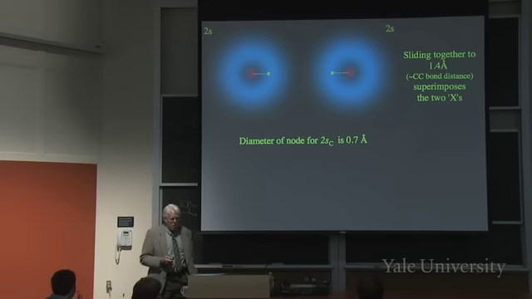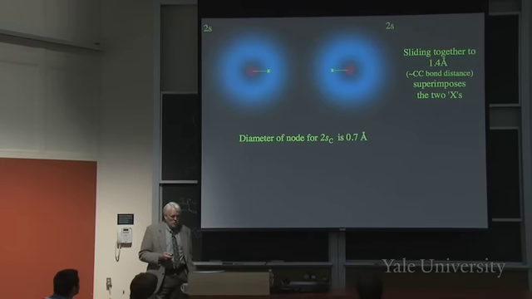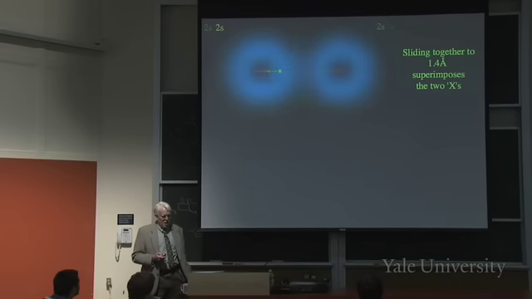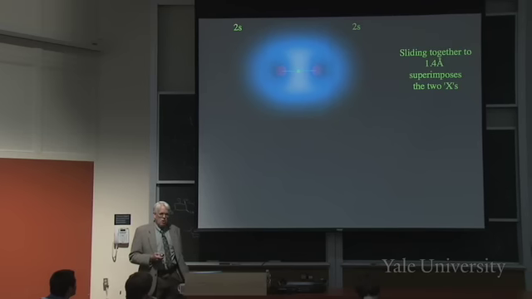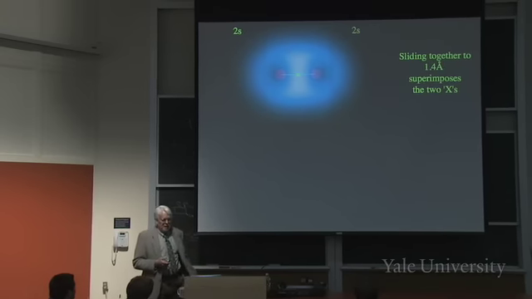If we slide them together until we superimpose the x's, then they're 1.4 angstroms apart. So that's about the distance these two orbitals are, in proper scale, in a carbon-carbon bond.